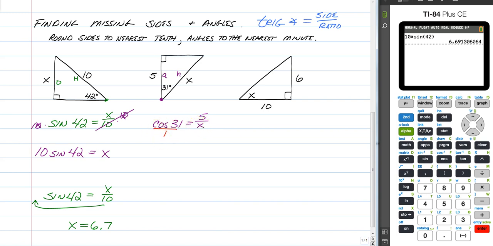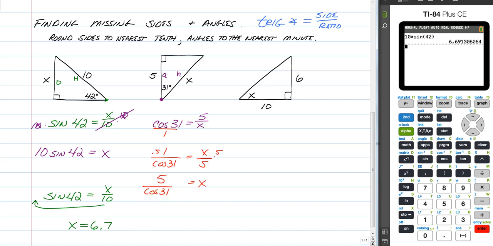So we need x to be on top. So we're going to flip these and we're going to have 1 over the cosine of 31 is equal to x over 5. To get 5 out of the denominator, we just multiply both sides by 5. And we end up with x is equal to 5 divided by the cosine of 31.